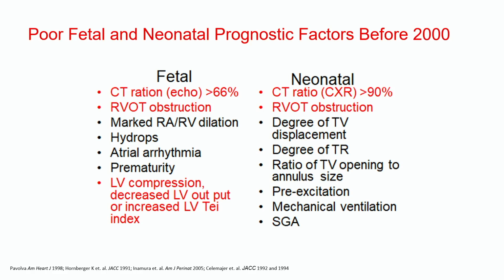After birth, the neonatal poor prognostic features were a CT ratio of greater than 90% and right ventricular obstruction. Those were consistently the findings that marked a poor prognosis. I've listed some of the other ones too, which did not turn out to be really all that important.